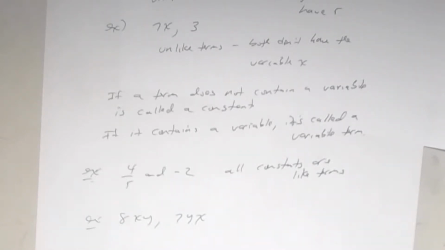That's why we spend a lot of time talking about the commutative property. The order in which you multiply does not matter. So they both contain the variable x, and both x's are being raised to the same power. What power are they being raised to? The first. They both contain the variable y, and the y's are being raised to the same power. What power is that? The first. So those are like terms.